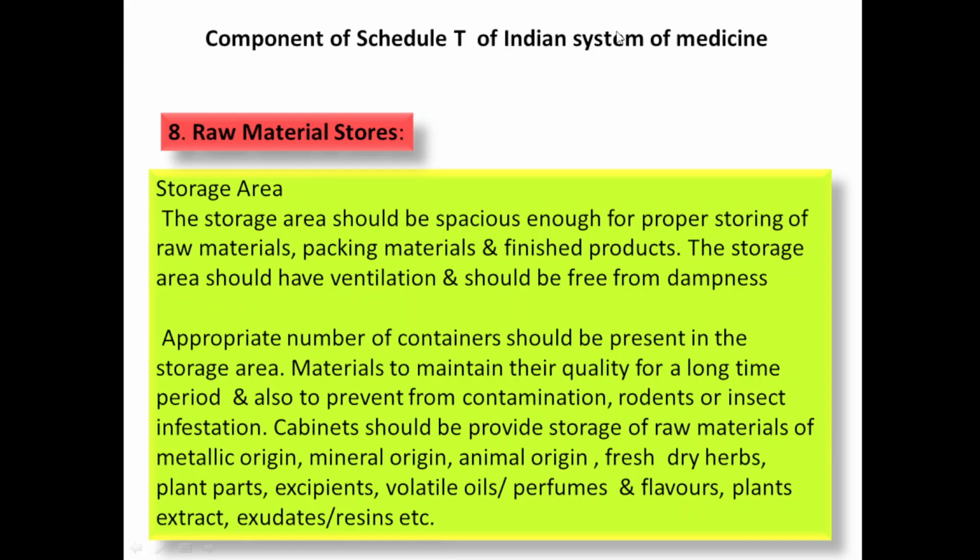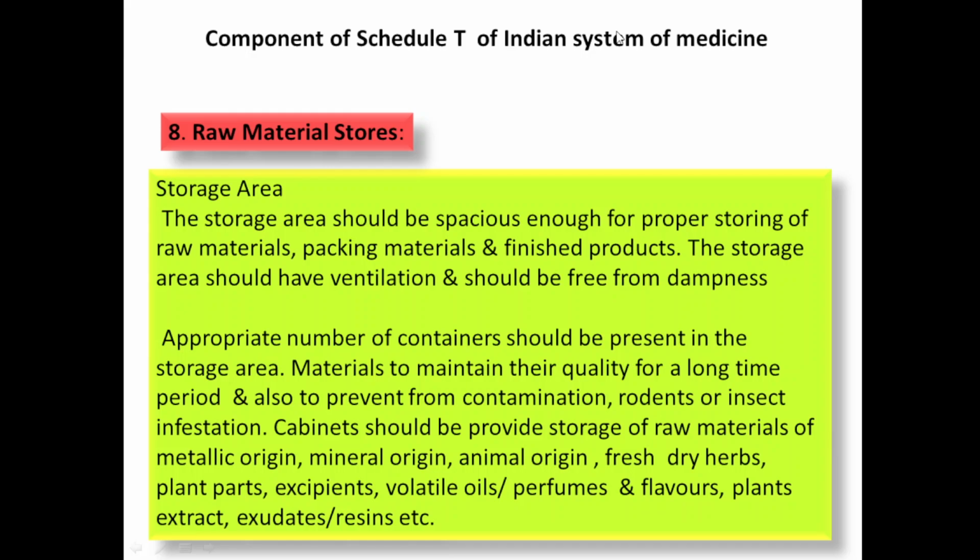The storage area is used to store the raw material, packaging material, and finished product. It should be spacious enough for proper storing of all these materials. The storage area should have ventilation and should be free from dampness.